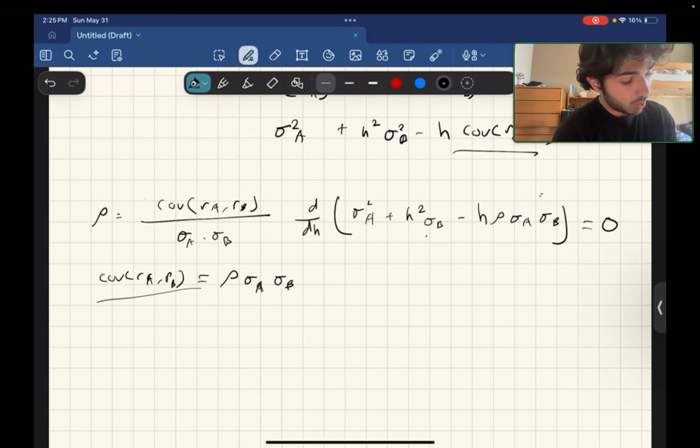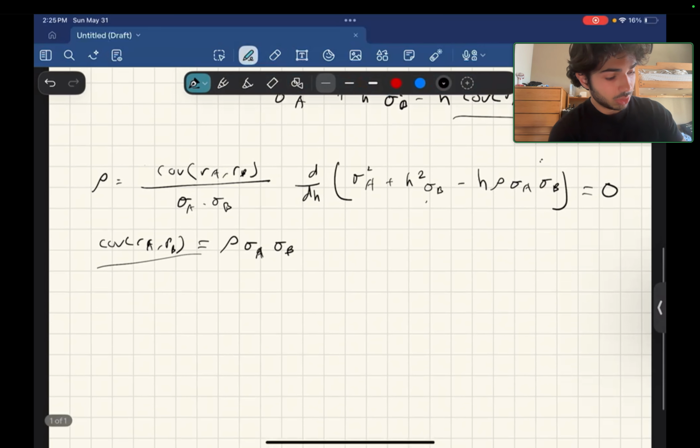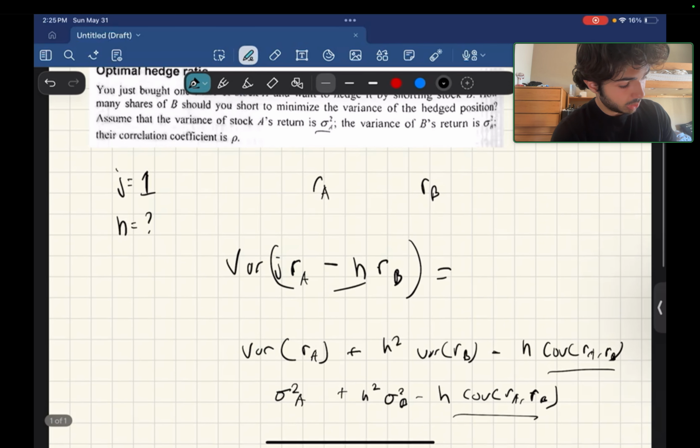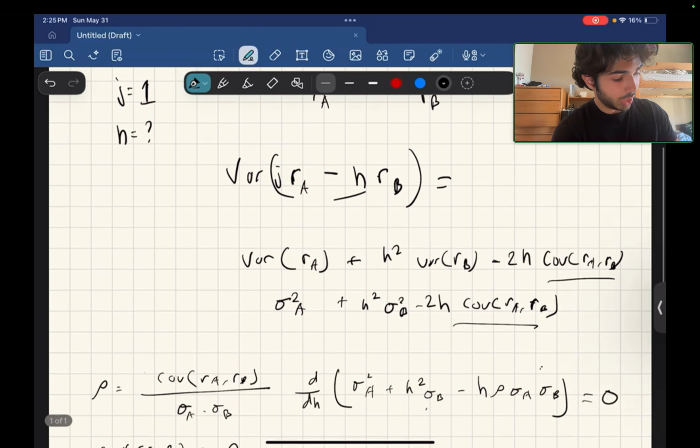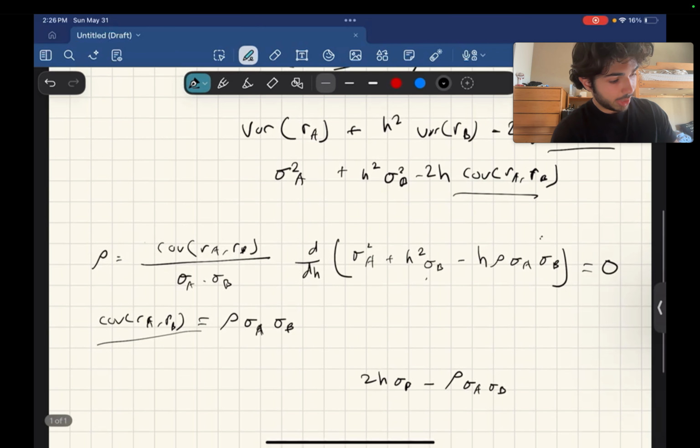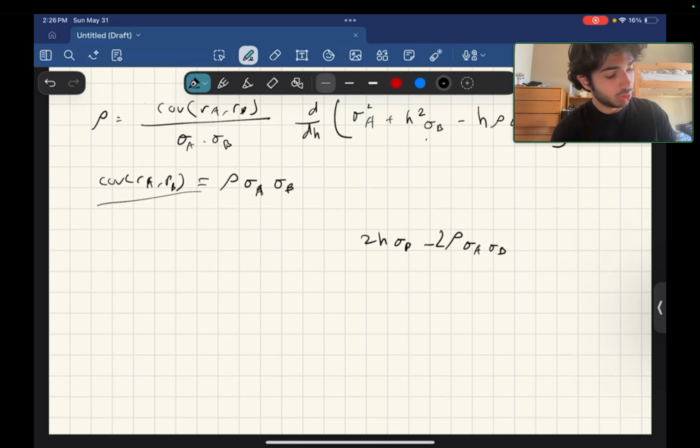Now we can solve for this. The first term goes away because it's considered constant. We get 2H variance of B minus 2 rho standard deviation of A, standard deviation of B equals 0.